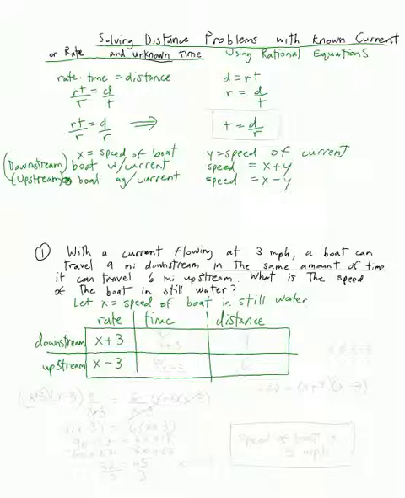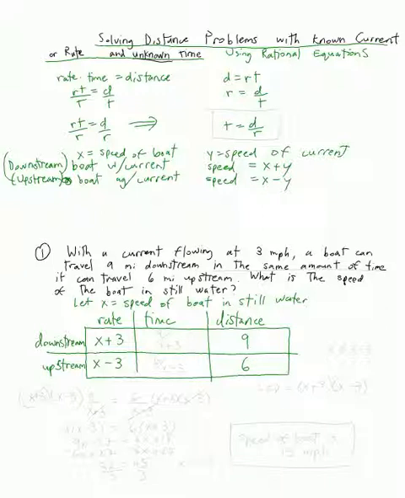Now what? Well, it travels 9 miles downstream, so this is going to be 9 miles. In the same amount of time, it can travel 6 miles upstream, so that's going to be a 6.